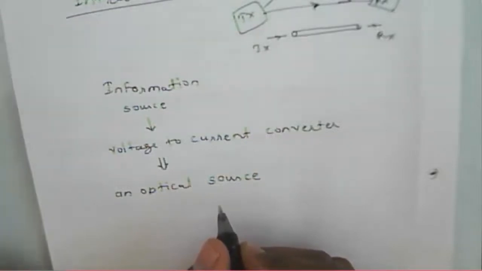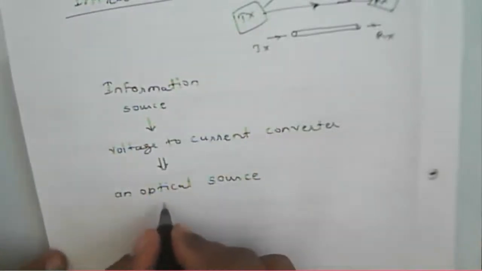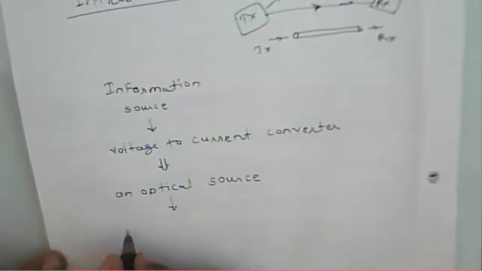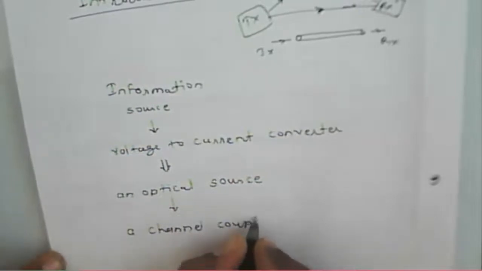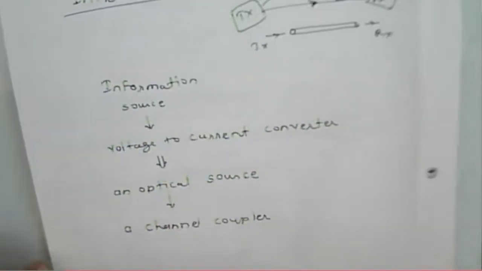That's why we call it an optical source. Then we have a channel coupler. We have multiple channels for this particular fiber, or multiple data when we are sending, so in that case we require a channel coupler.